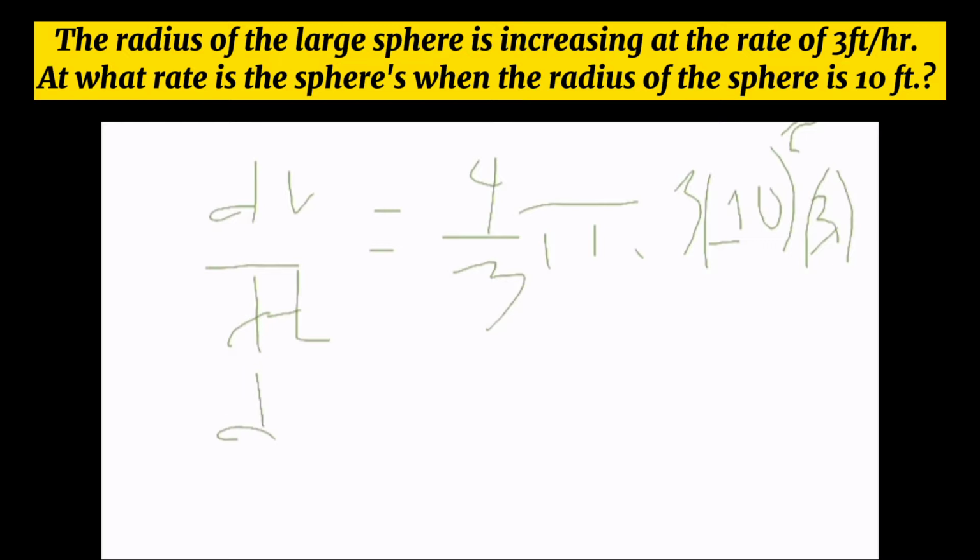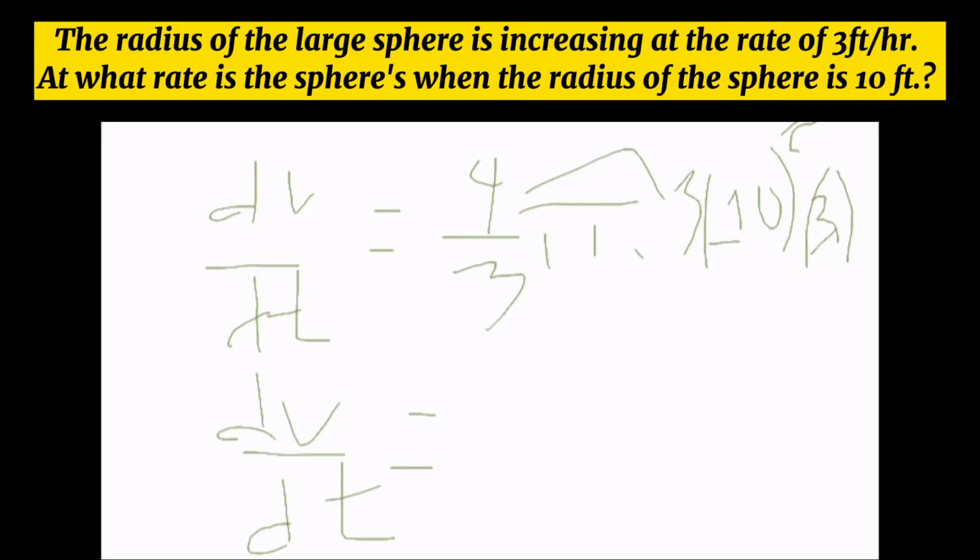So 4 times 3 is 12, and 10 times 10 is 100, times 3.